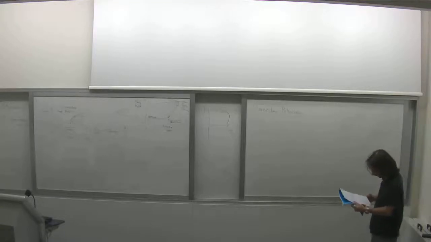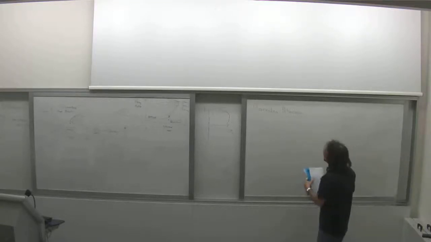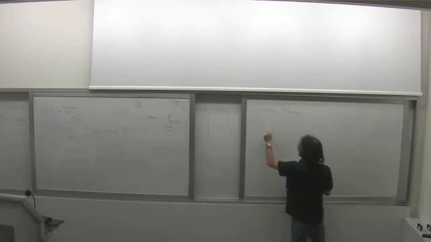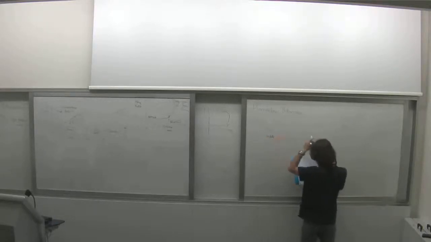Okay, the homoclinic bifurcation occurs when we have a saddle point and also a limit cycle, where the saddle is outside the limit cycle.